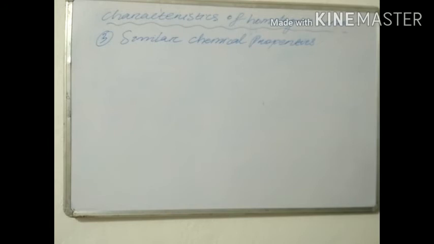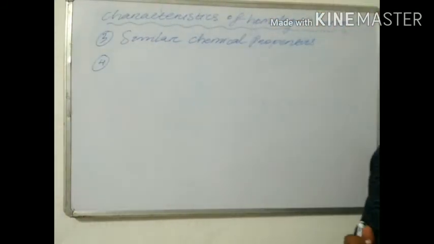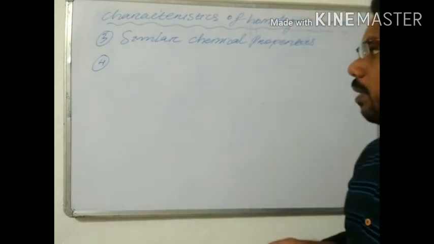And the fourth characteristic is that with the increase in molecular mass, there is a gradual change in physical properties. One carbon and two hydrogens are added, which means their molecular mass also increases.